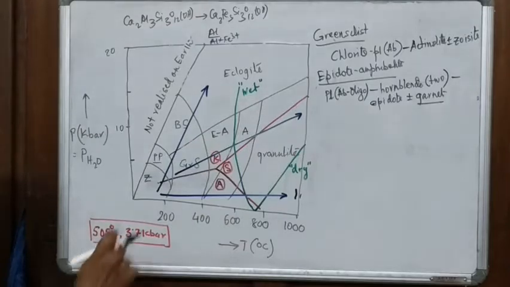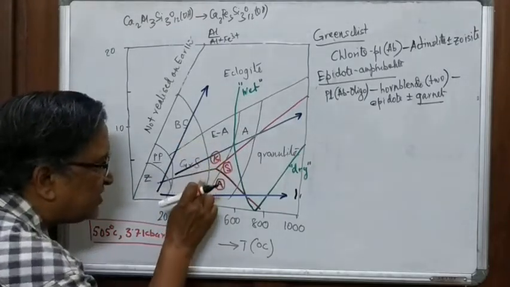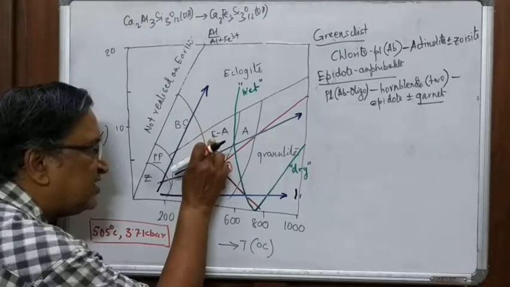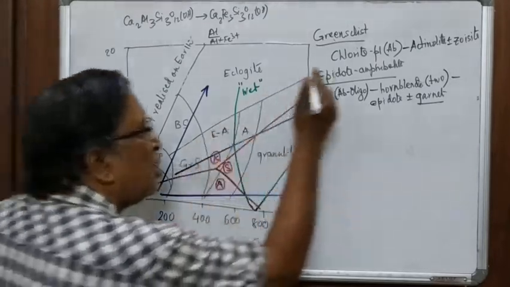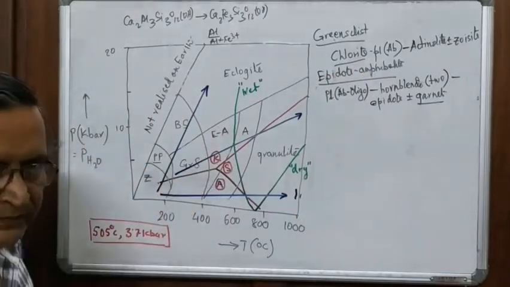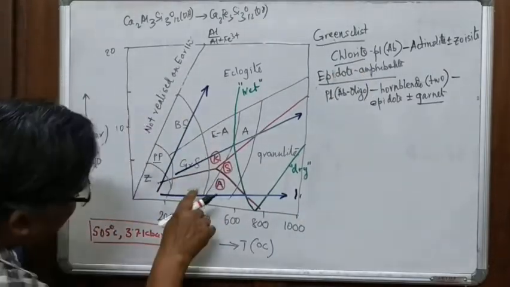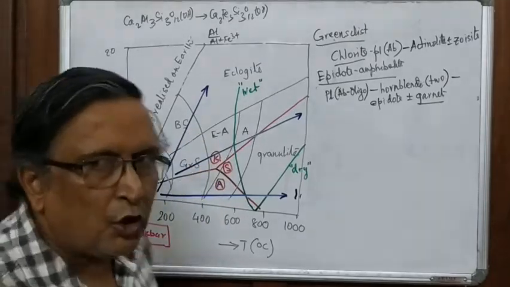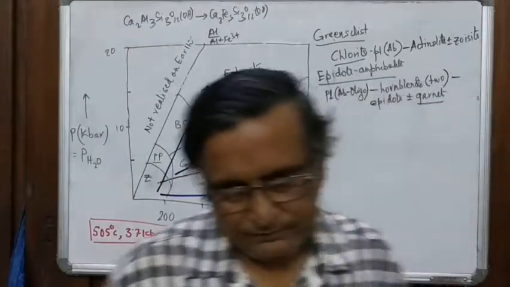So obviously this boundary, the greenschist facies to epidote amphibolite facies boundary, is by which chlorite is exhausted. Essentially this reaction here is a chlorite out reaction.